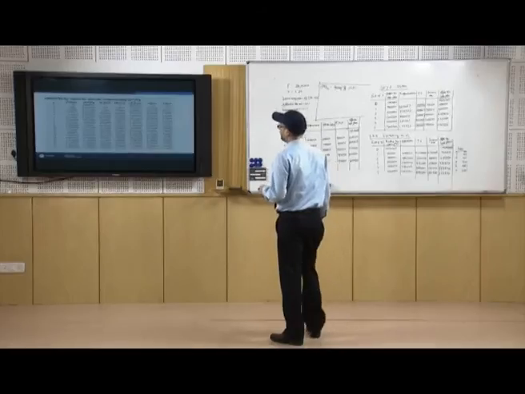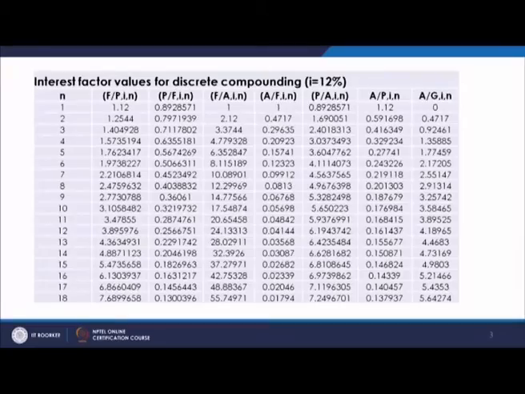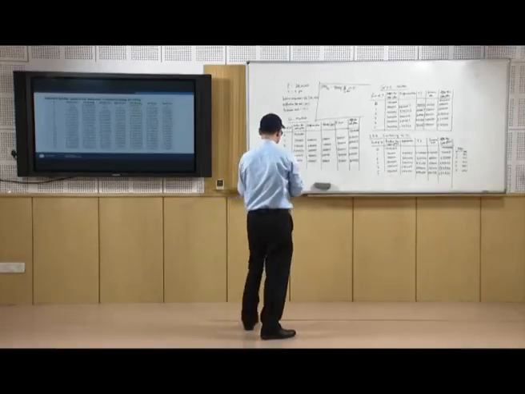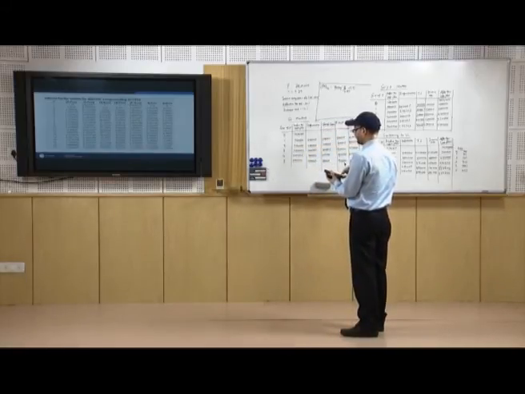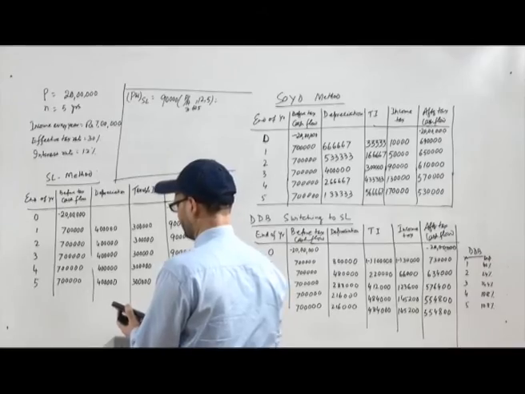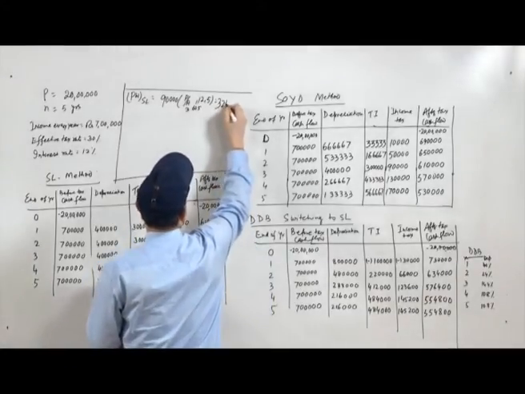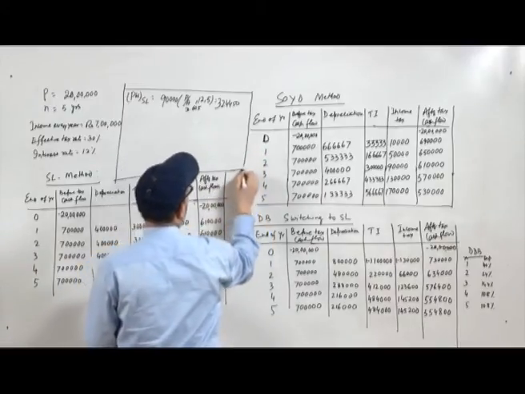P by A 12.5 is coming out to be 3.605. So the amount of tax you are paying is worth 3.605 multiplied by 90,000, and this is 3,24,450 using the straight line method.